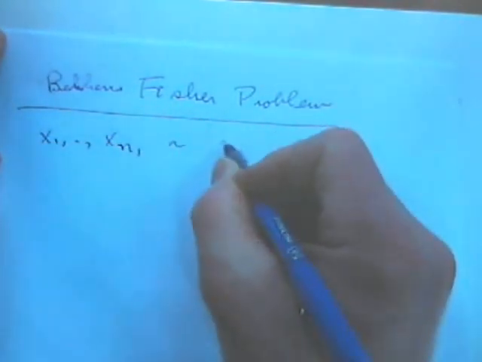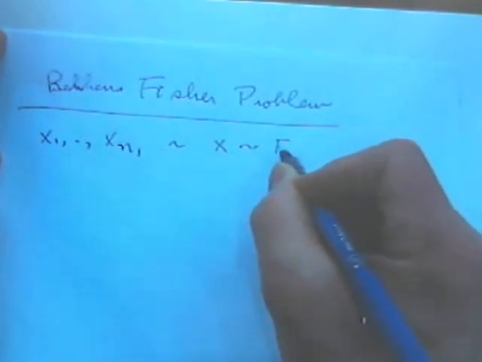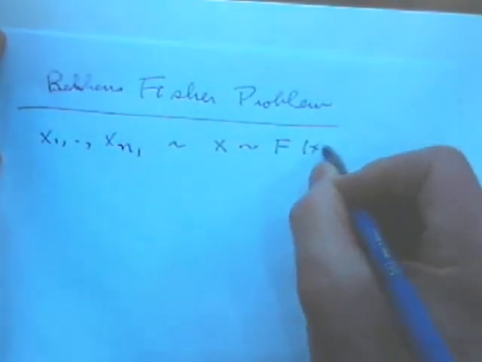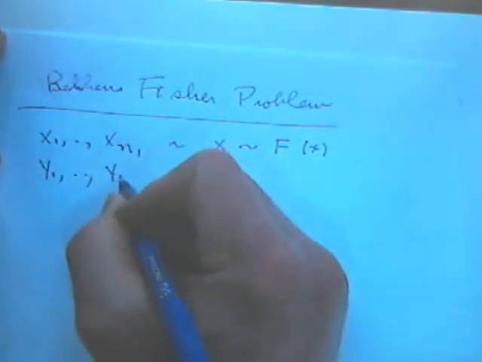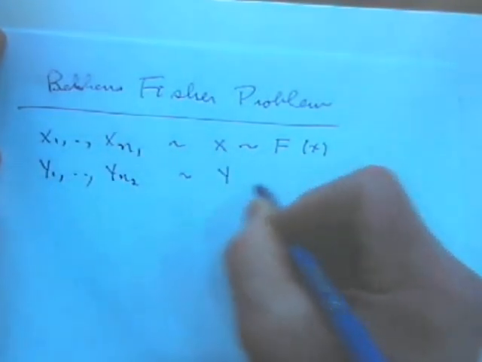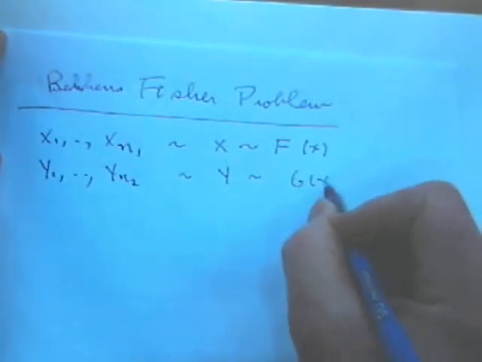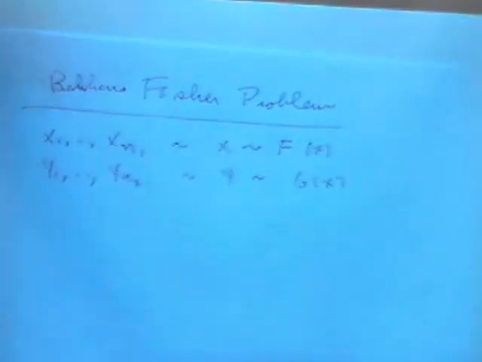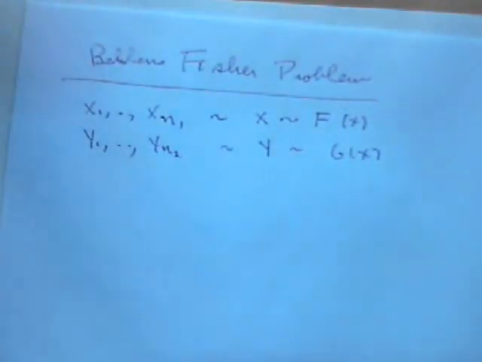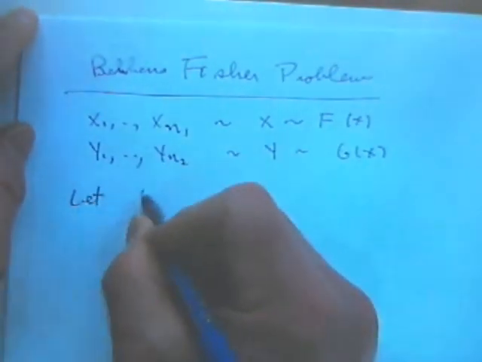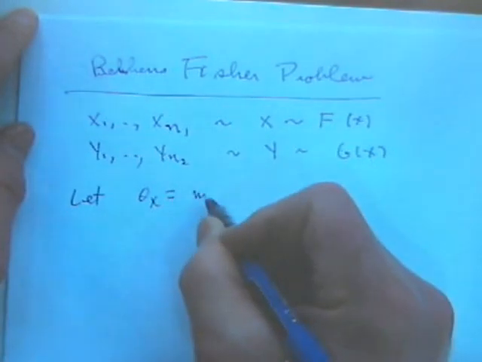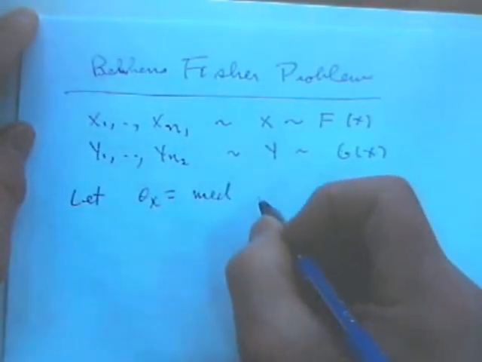You have a sample on X, and it's from some distribution. And then you have a sample on Y. So it's a two-sample problem. And it could just be a different distribution function on the other. And the parameters of interest are the medians.